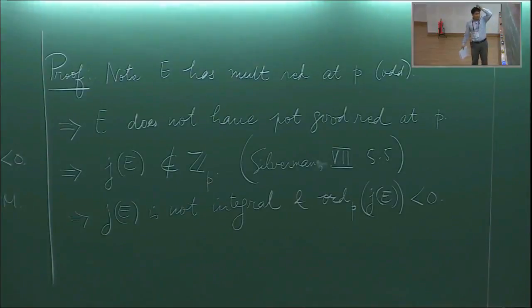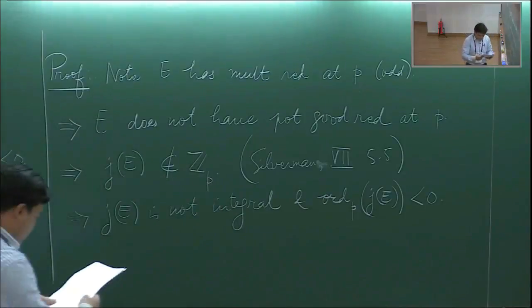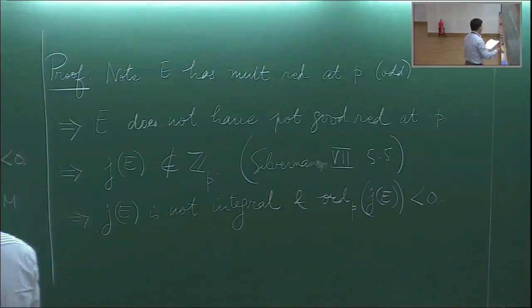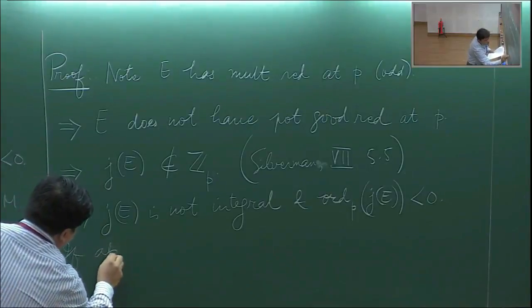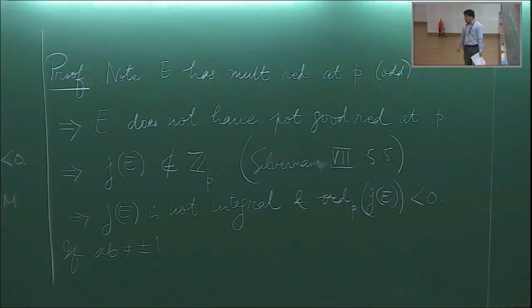so what do I say? Yeah, you will have an odd prime dividing AB, right? Then this is never going to be integral. So if AB is not equal to plus minus 1, then you know that you will have an odd prime P dividing this, right?